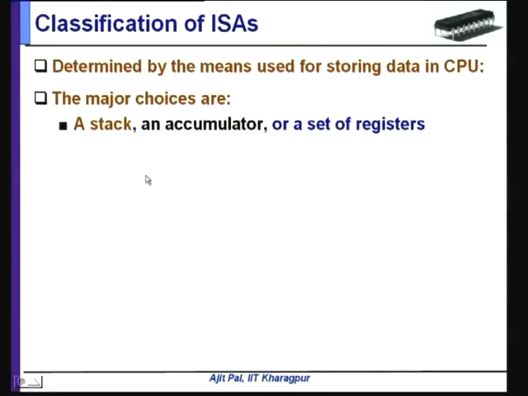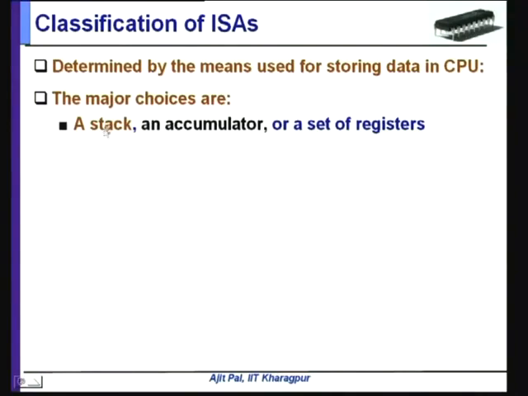Now, let us have some kind of classification of instruction set architecture. It is actually determined by the means used for storing data in the CPU. I have already told you that you can use registers or memory for storing operands, and depending on that the instruction set architecture can be classified broadly into three types: stack architecture, accumulator based architecture and register based architecture.